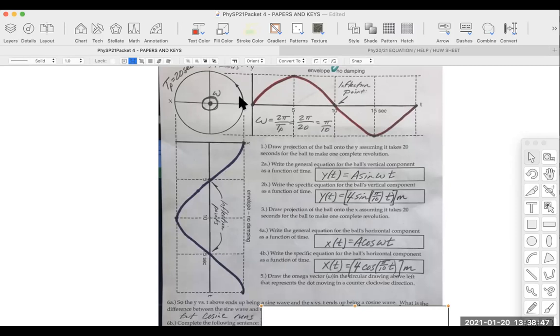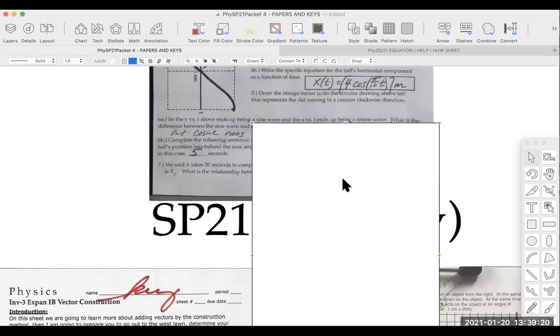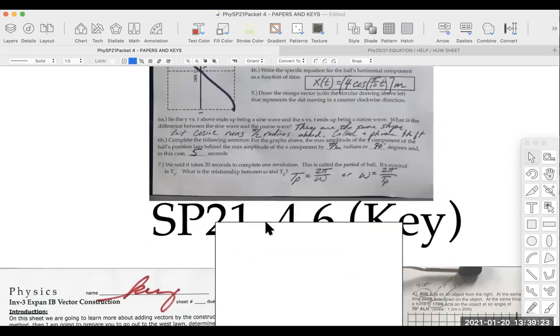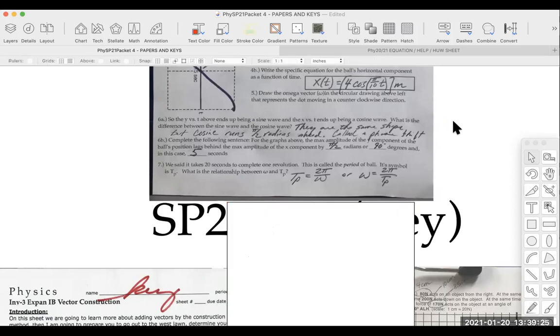Notice that the sine is lagging behind the cosine by 90 degrees, because the cosine is measuring the horizontalness, and the verticality is 90 degrees from horizontality. So that's why the sine and the cosine are always phase shifted by 90 degrees between them. Okay, so we do that, and then we answer the rest of it. I'll blow this up so you can see that.